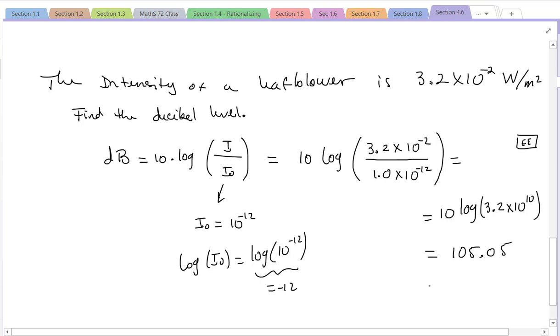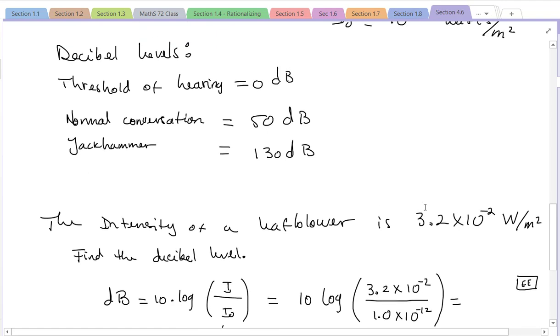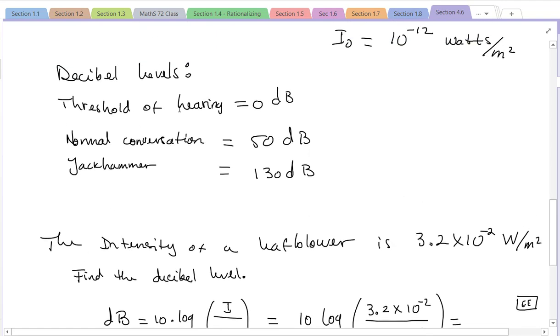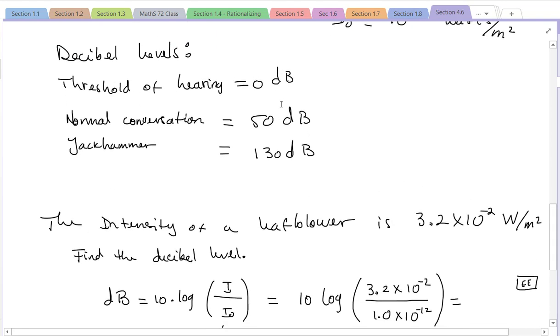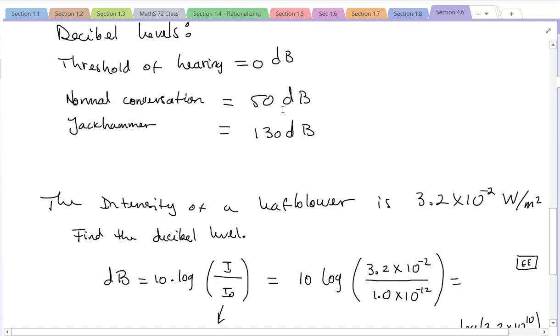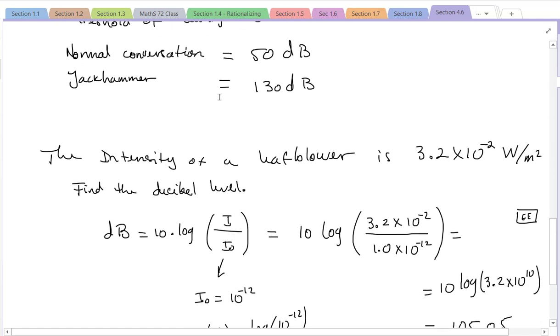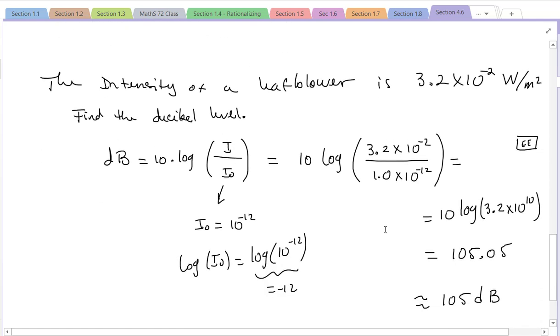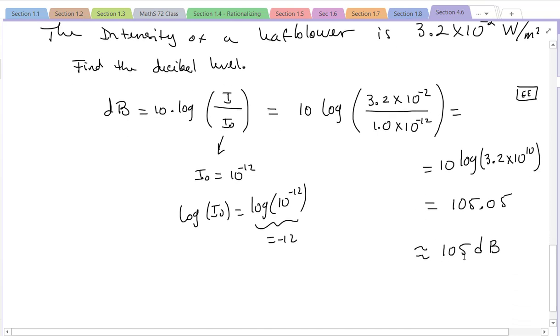And so we can say that the decibel level of a leaf blower is 105 decibels. So compare that to the threshold of hearing, which is 0 decibels, and a normal conversation, which is 50 decibels. A jackhammer is 130 decibels, and a leaf blower is about 105.